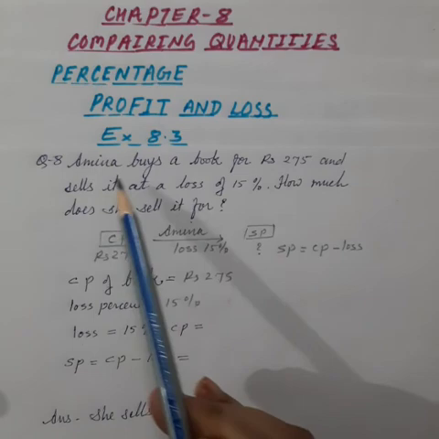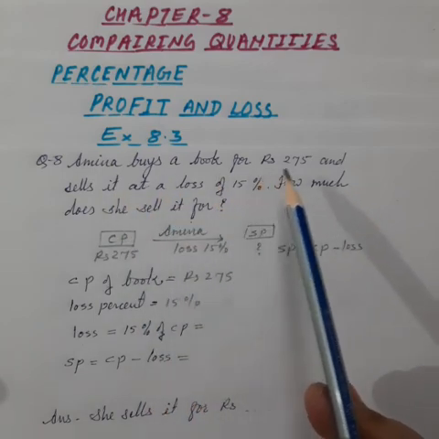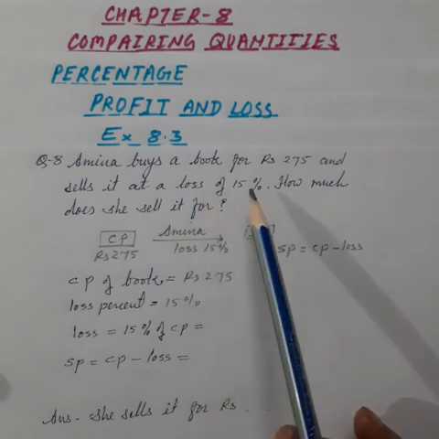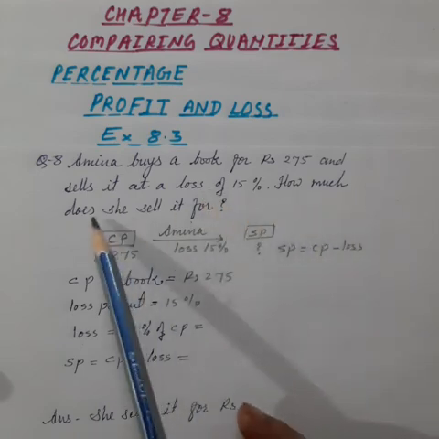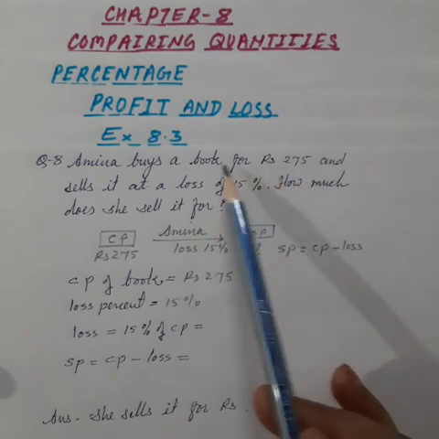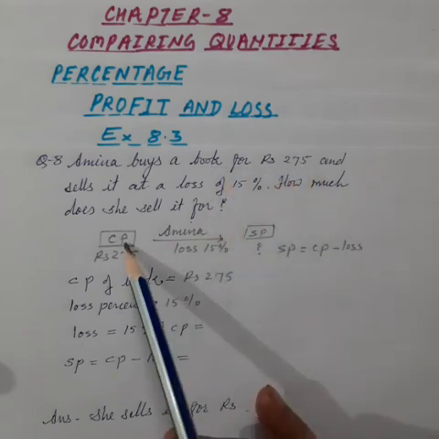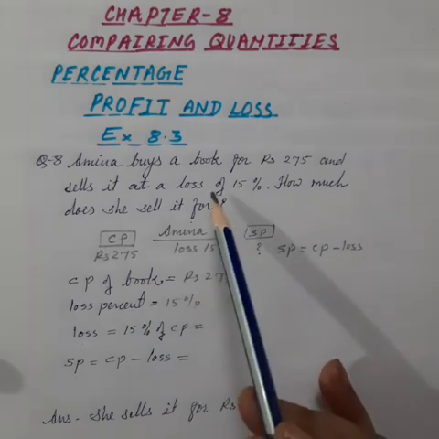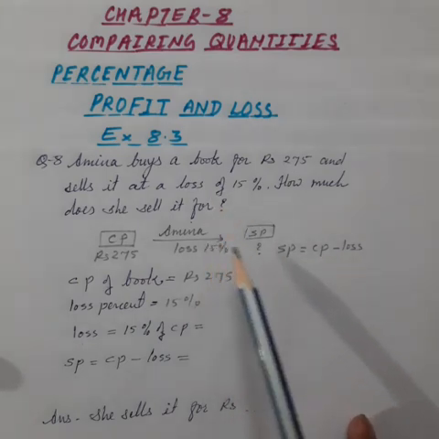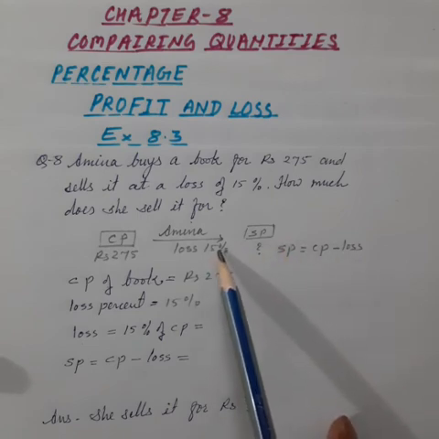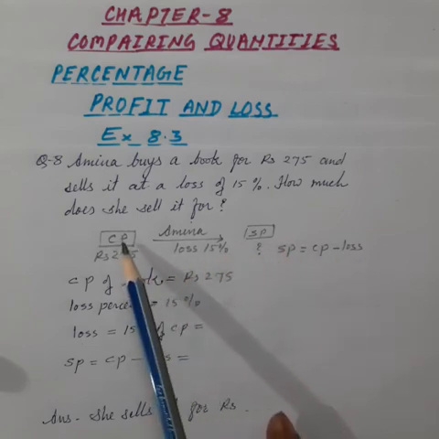Question 8. Amina buys a book for rupees 275 and sells it at a loss of 15%. How much does she sell it for? Here the cost price of the book is given, rupees 275, and a loss percent is given. We have to find out the selling price. Loss percent is calculated on cost price.